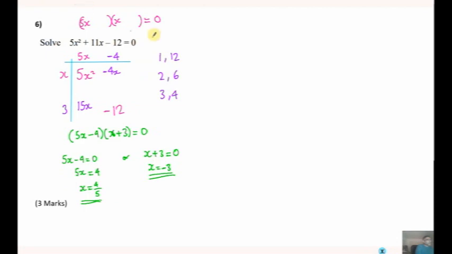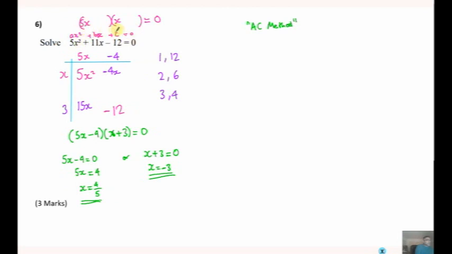Okay. There's another method. When the number in front of x squared is bigger than 1, you can use what's known as the AC method. The reason why it's called the AC method, remembering that all quadratics are in the format ax squared plus bx plus c equals 0.